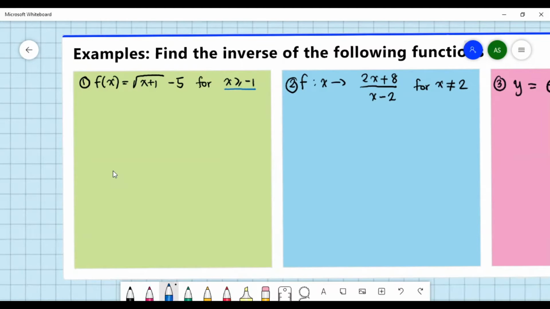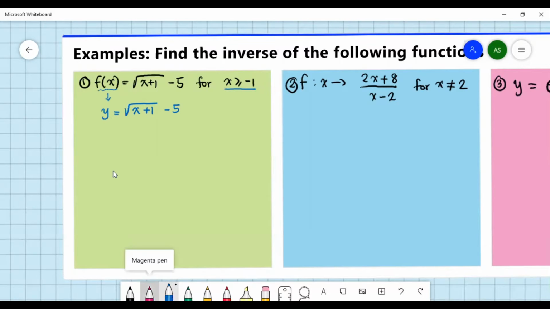Now how do we find the inverse of a function? What we're going to do is replace f of x by y first. So that will become y is equal to the square root of x plus 1 minus 5. That is our step number 1. Step 2 is to interchange x and y.